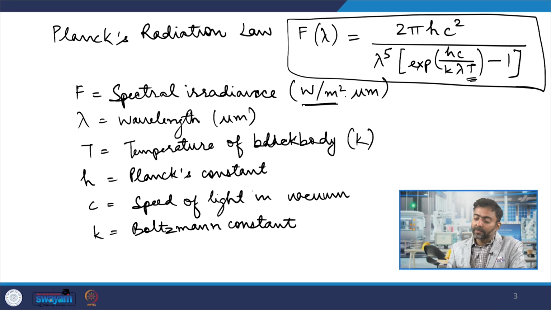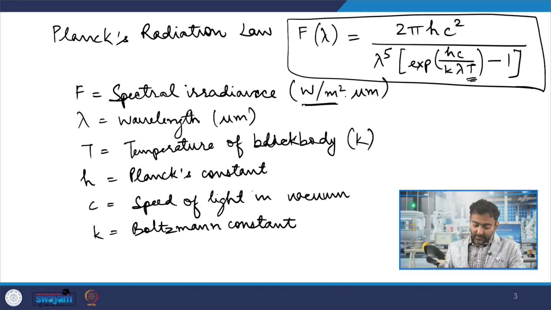If I were to ask you to estimate the radiation intensity at each wavelength, it might seem quite cumbersome, especially given that there are so many wavelengths. If you look at the entire electromagnetic spectrum, you have the ultraviolet region, the visible region, the infrared region, so there is a huge gamut of wavelengths. If I were to solve this equation at each wavelength and find out the spectral irradiance, it would be a very cumbersome task.